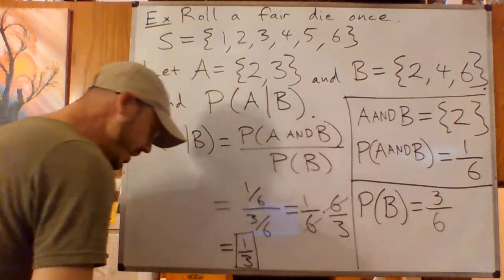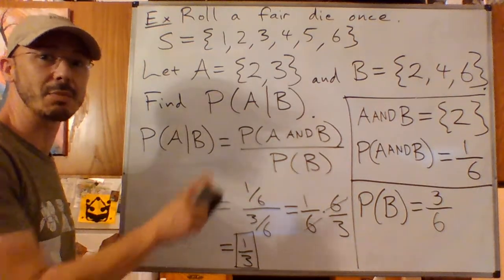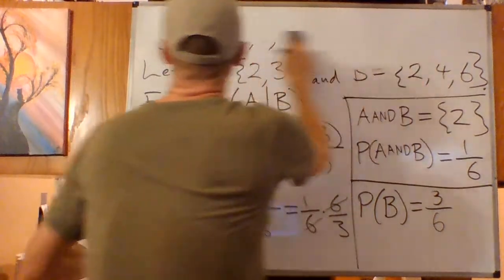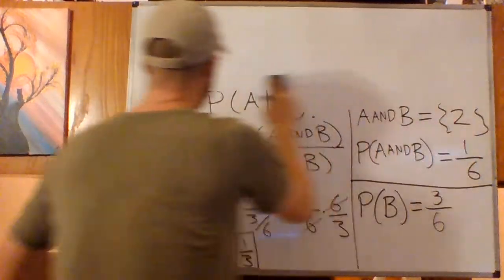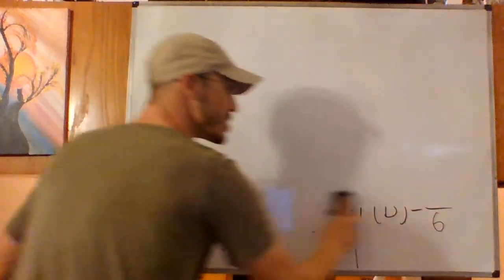So the next example I have is another numerical example, but it's not specifically something like rolling a die. We're going to have equally likely outcomes and compute some associated probabilities.